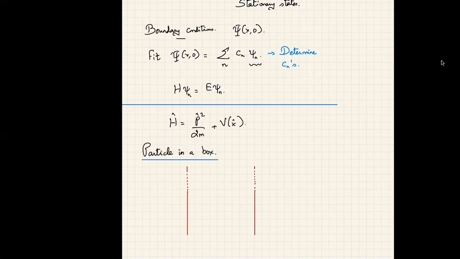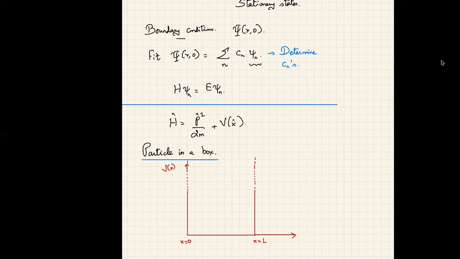Okay. So this is V of x, and this is x is equal to 0, and let us call this some x is equal to, let us say, L.